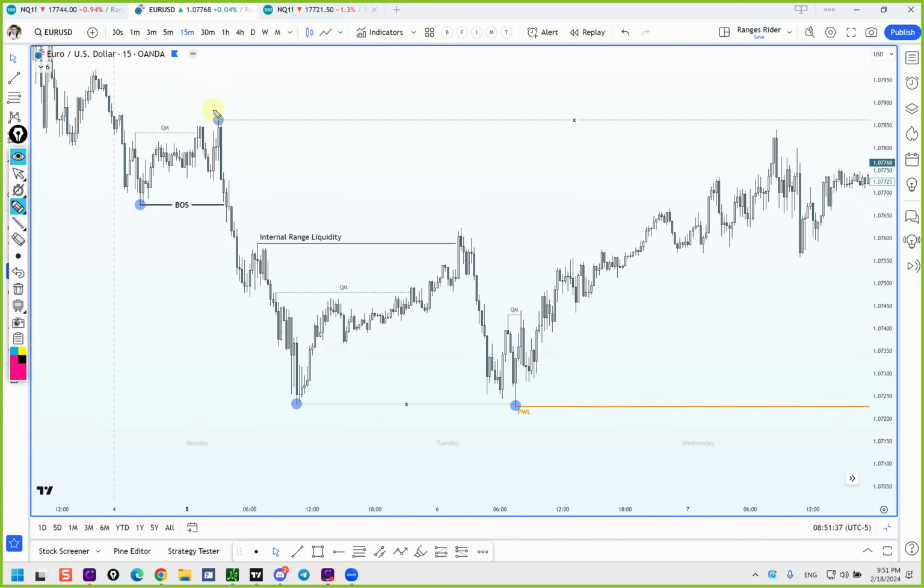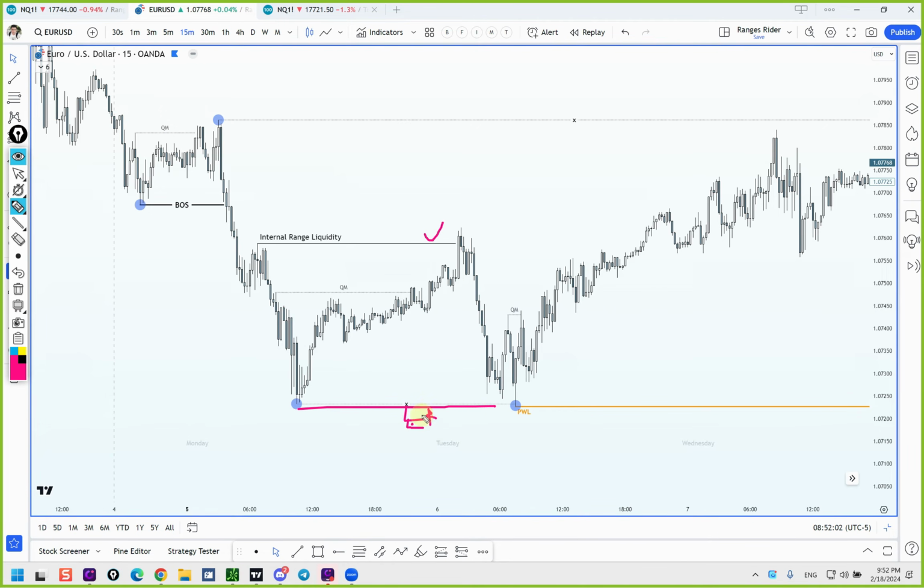But first, this is our range, and until the QM is confirmed, we will not say the range is confirmed. Once the market has confirmed the QM, we are looking for the internal range liquidity, and then the external range liquidity.